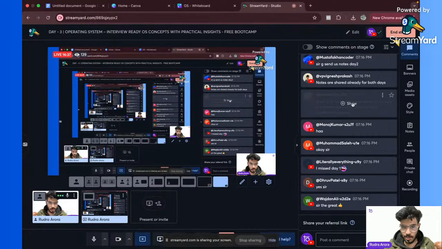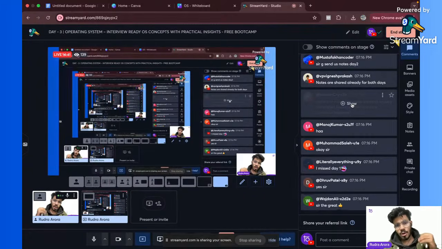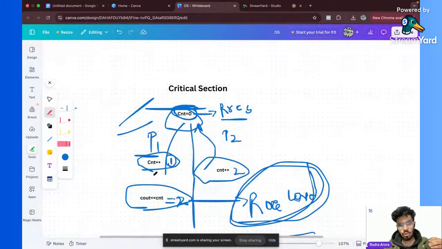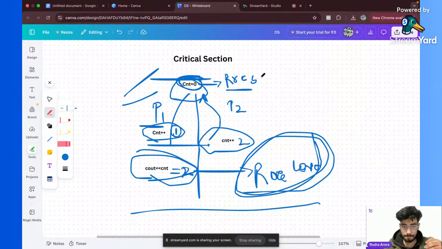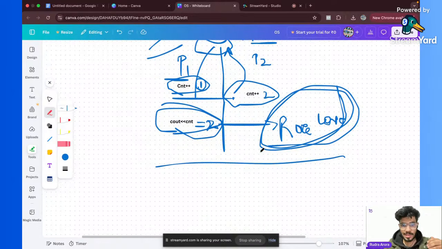After this, the processes should have inconsistent data. Like P1 wanted the count value to be one, but what it printed was two because of P2. And simultaneously, what can happen is that after this printing, count is decreased by one.